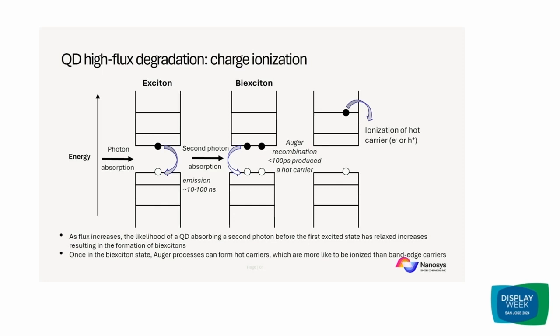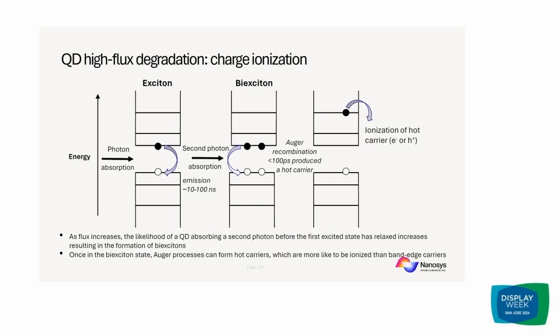There is a period of time where your excited state is there, and your charges are sitting on the band edge. If your flux level is high enough, it's possible another blue photon comes in during this time period. If it is absorbed by your quantum dot during that time, you can form what's called a biexciton. So it's 2 electrons, 2 holes excited at the same time.